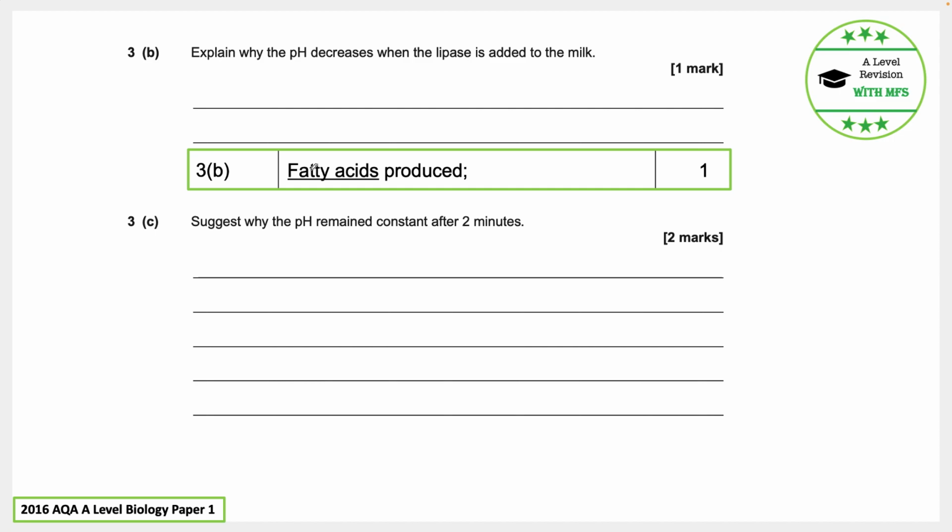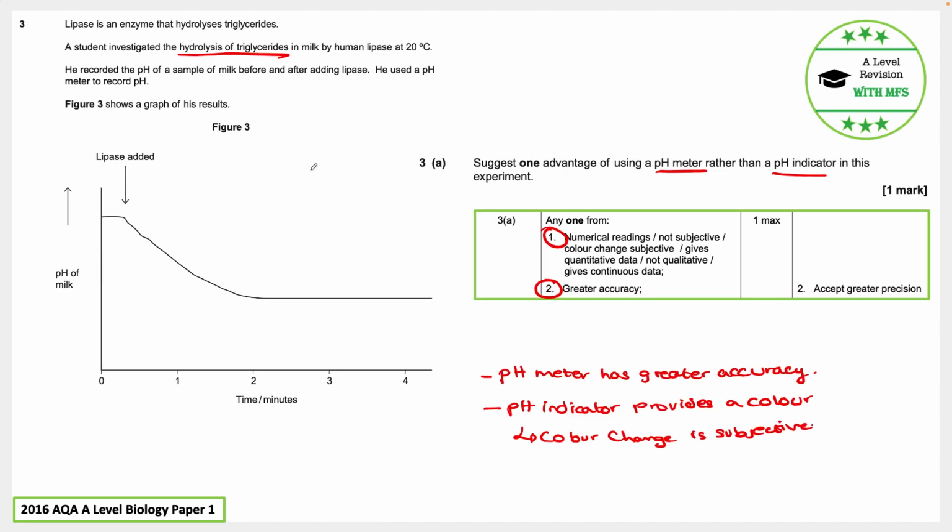Now the next part of the question says, suggest why the pH remained constant after 2 minutes. Okay, if we go back to the graph here, after 2 minutes, around this point here, the pH remained roughly constant. Okay, and the question is asking, well, why is this?